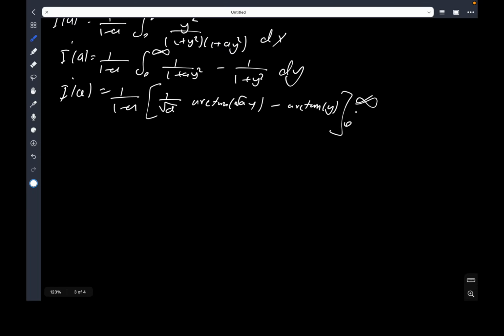Arctan of infinity is pi over 2, thus I'm going to get 1 over 1 minus a times (1 over root a times pi over 2 minus pi over 2).